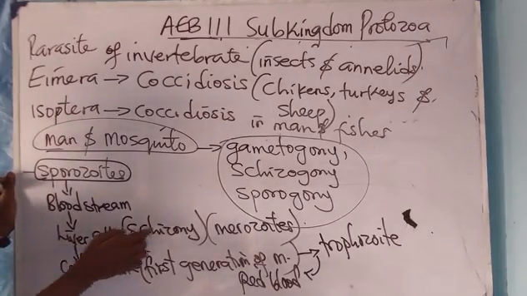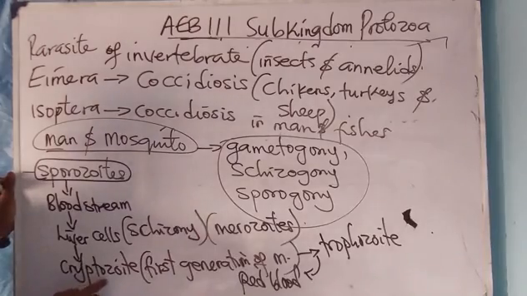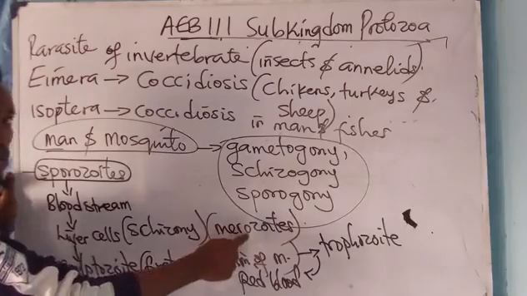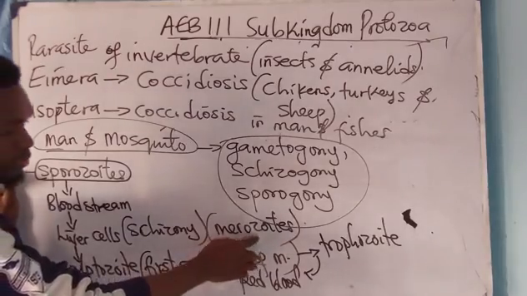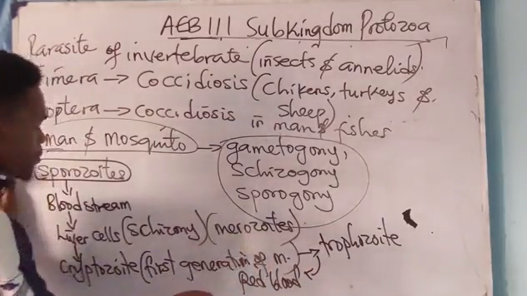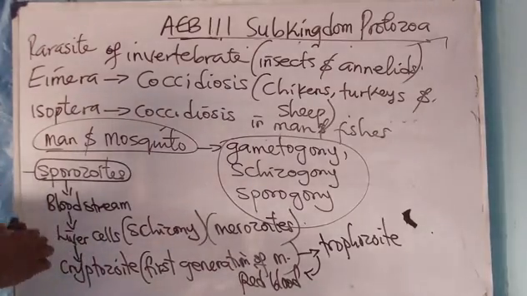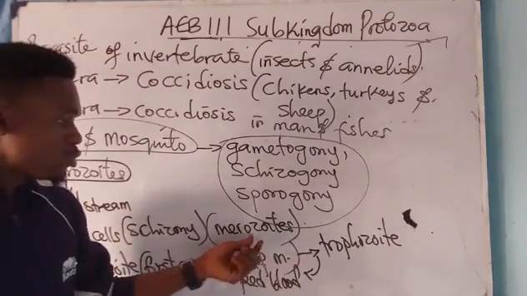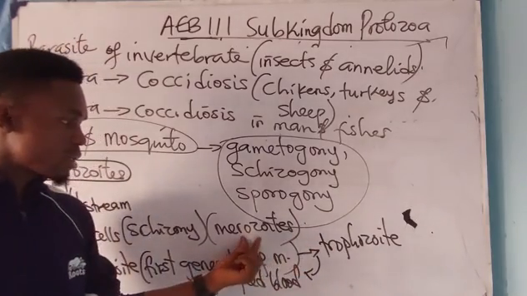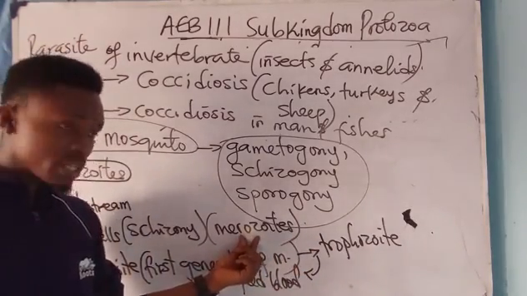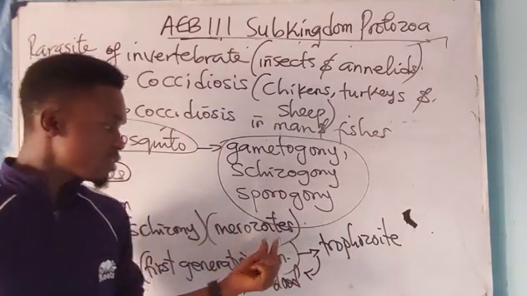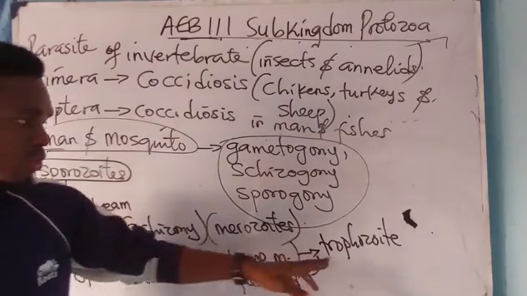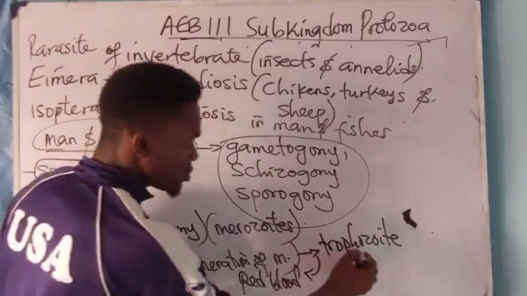From the liver, this is produced, which is the first generation of the merozoite stage. Before developing into the trophozoite stage, it goes back to the bloodstream. From this merozoite stage, that is where you have the trophozoite stage.